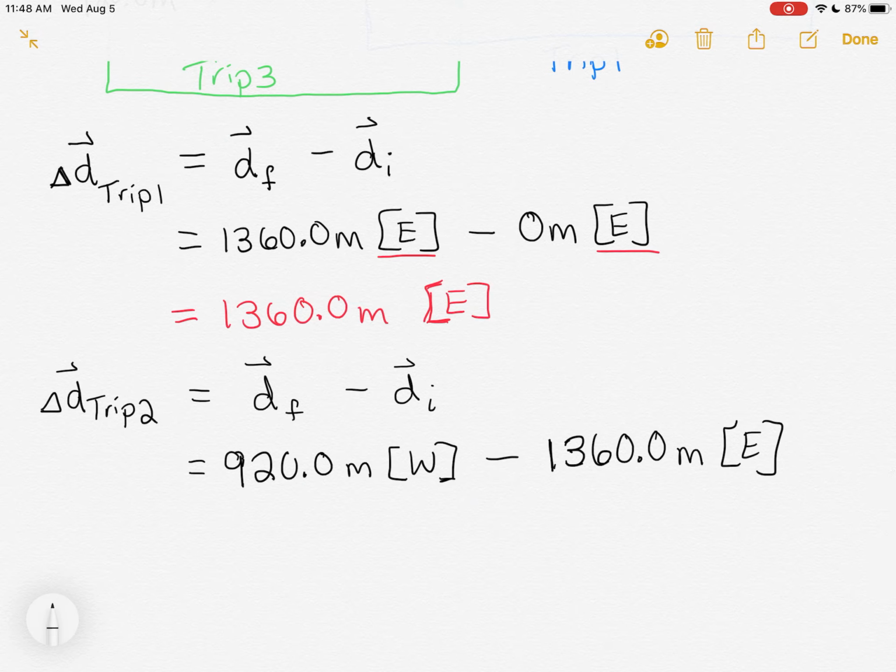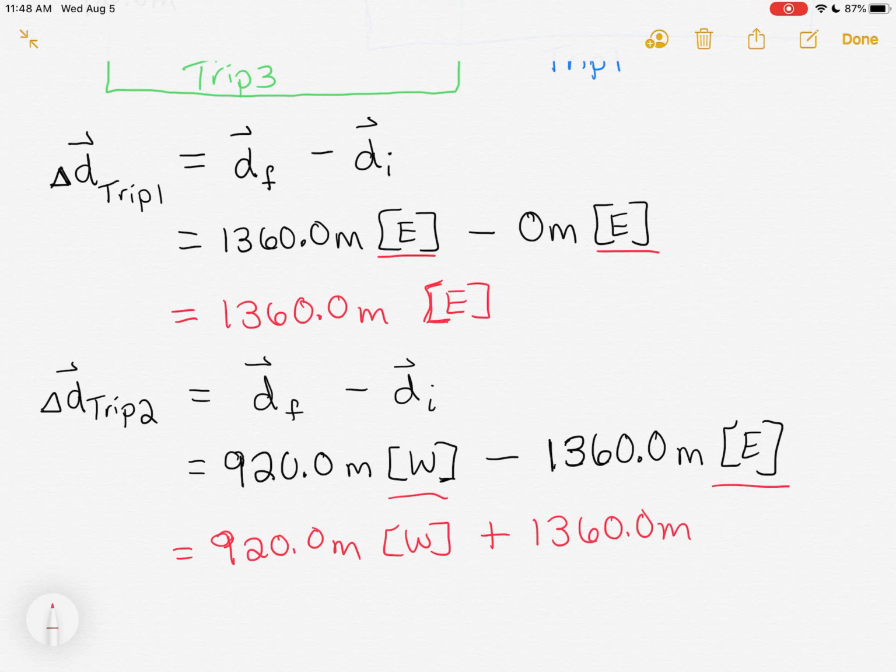Okay, now here's the problem. If the directions are not the same, then you cannot add or subtract them. Okay, and so the way to do that is we can actually flip the direction of that position as long as we flip the sign of the position. Okay, and so that's going to become 920.0 meters to the west plus 1,360 meters to the west.